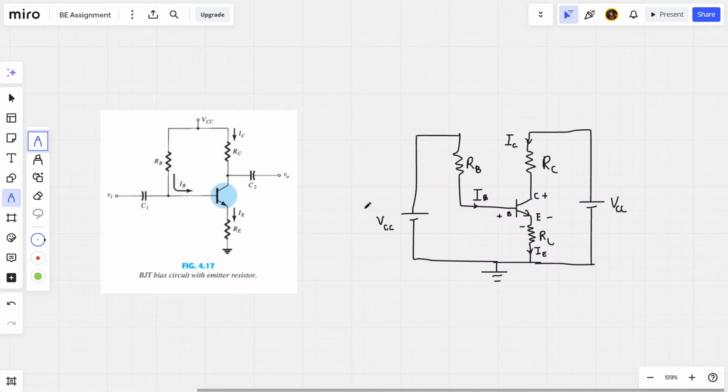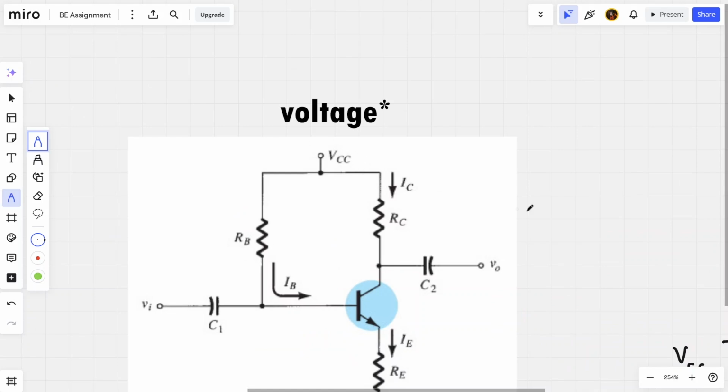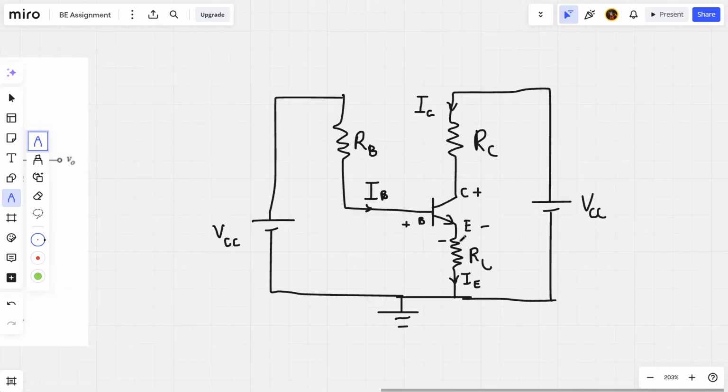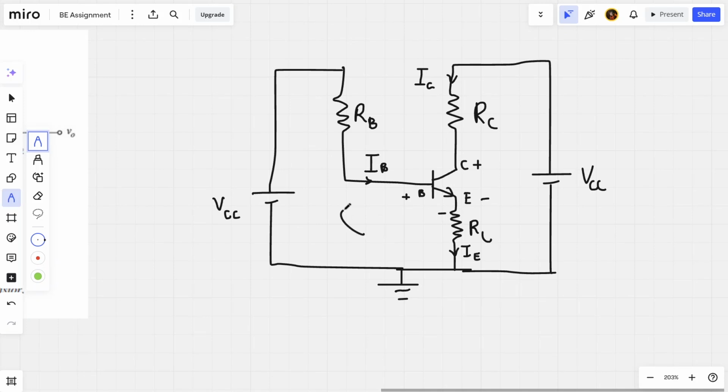You can see that I connected the two batteries VCC to the ground, the negative terminals of them, and the positive terminals of them are connected to RB and RC, which is shown by this point here. Okay, so from this equivalent circuit, now we can apply KVL along this loop and this loop.